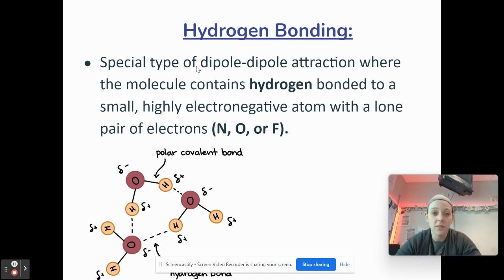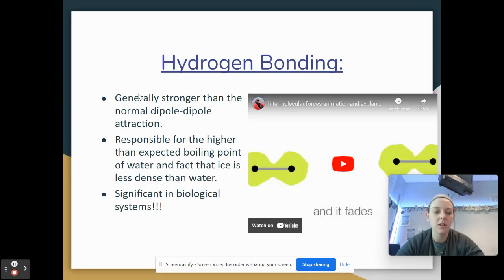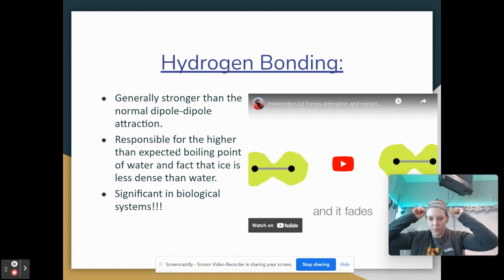This is a special type of dipole attraction where the difference between the electronegativities of the hydrogen and oxygen is very drastic, meaning that they're kind of ultra polar. So your oxygen end of the molecule is going to be ultra electronegative, and this side is going to be ultra electropositive. What then occurs is you have a stronger intermolecular force. Typically these are going to be stronger than your normal dipole-dipole forces.